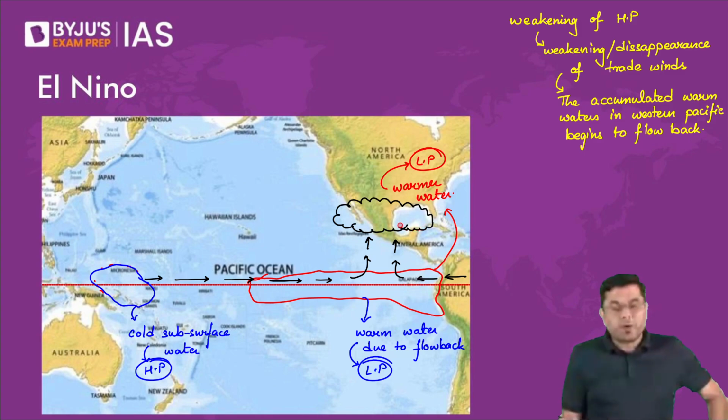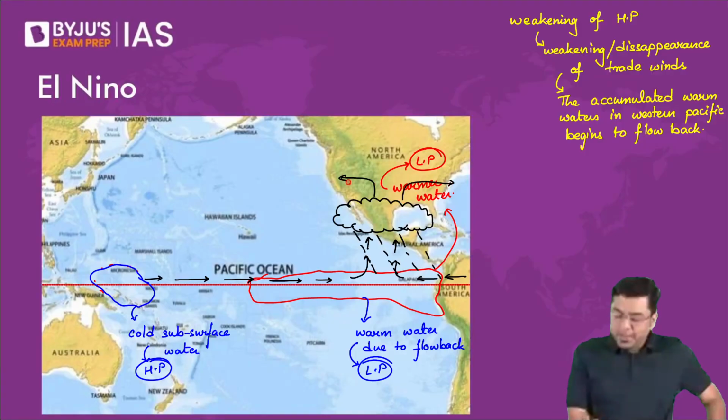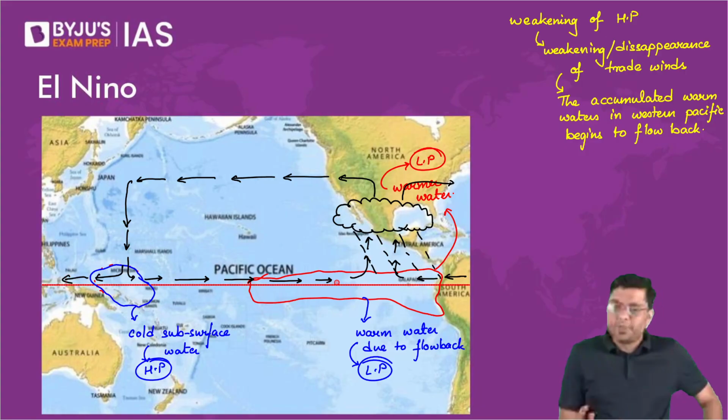Significant amount of condensation, and that will cause rainfall in the entire region. And this air will then rise up, will diverge. It will sink in the region of high pressure. High pressure has sinking air. Here also it will diverge, move in different direction.